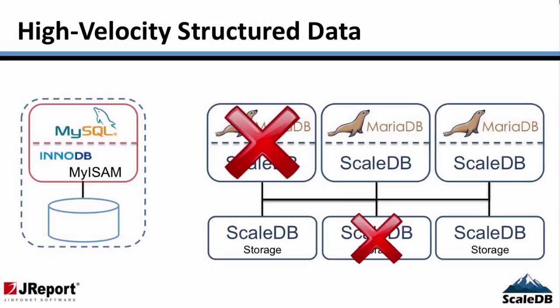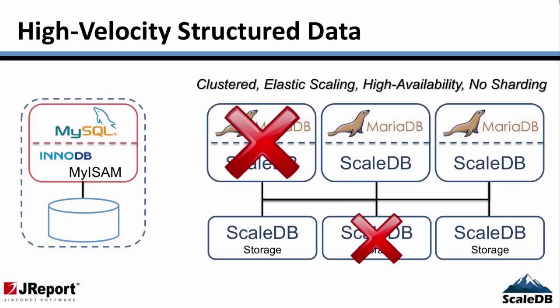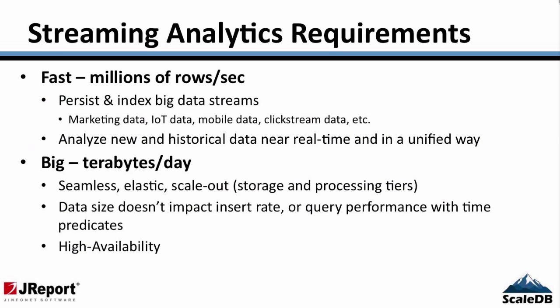So again, very analogous to what Hadoop does, except that we do it taking advantage of all of the indices and structure, so we're able to do everything in real time. As a result, what you're getting is a clustered, elastic scaling, highly available, no sharding solution, and that's what we provide.